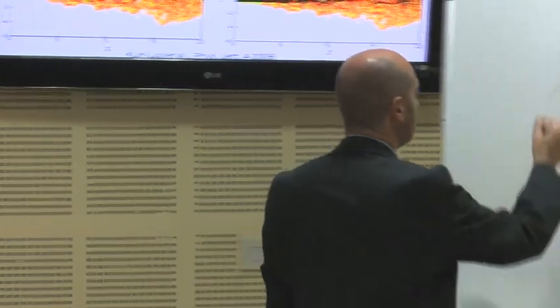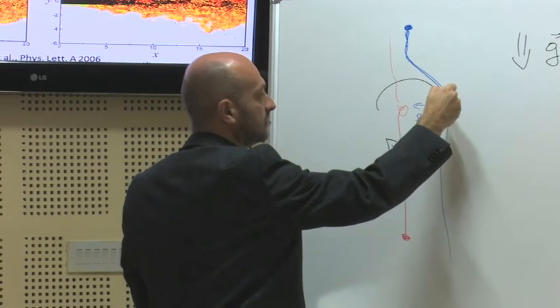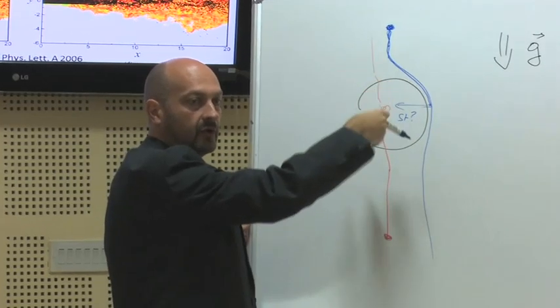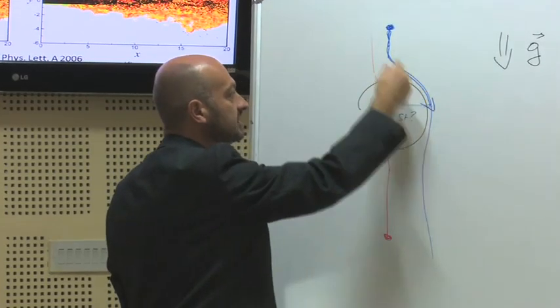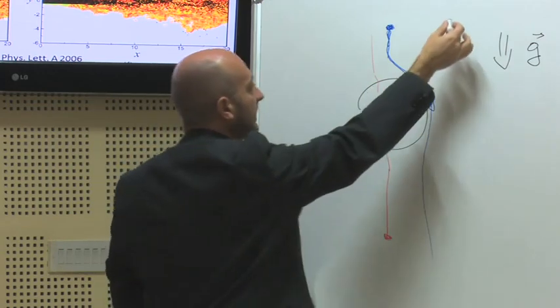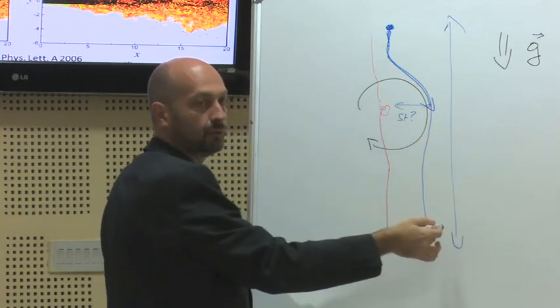Okay, because when the particle is moving like this, and it is in this region, it will experience the drag of the fluid, the drag of the vortex. So here the velocity of the particle will be increased by the presence of the vortex. So the total time necessary to travel this distance will be lower.